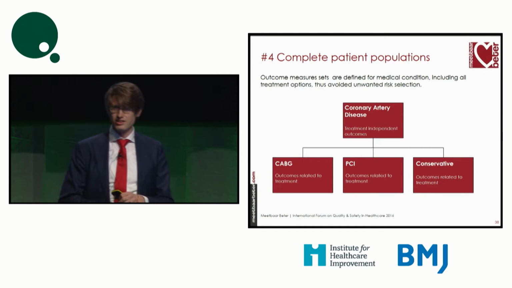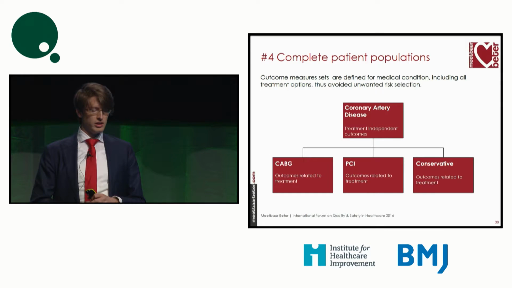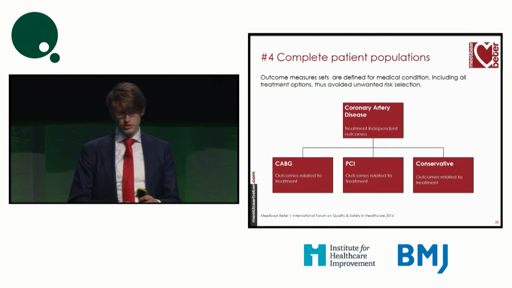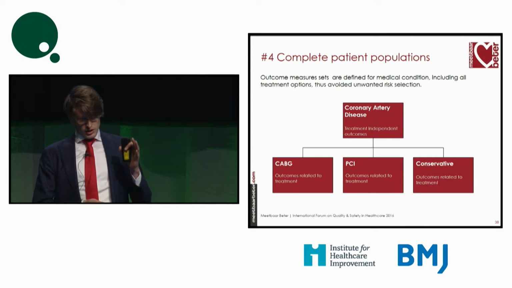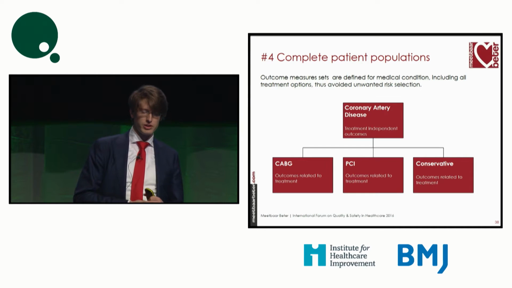And what we are saying is that you should always measure the outcomes of all patients that have this disease, no matter what the treatment options. And you see the treatment options below. So you have the open heart surgery, you have the percutaneous coronary intervention, and you have the conservative treatment.